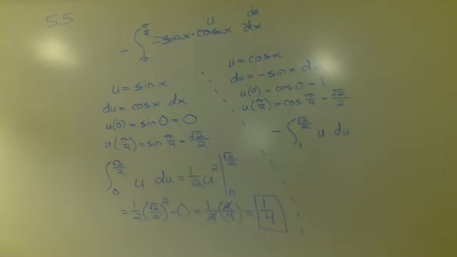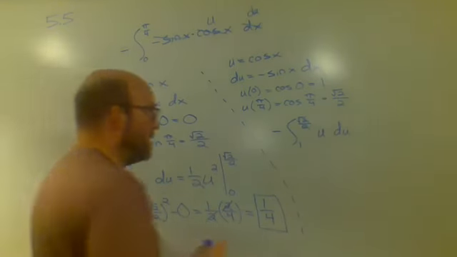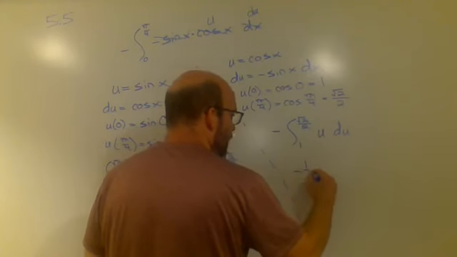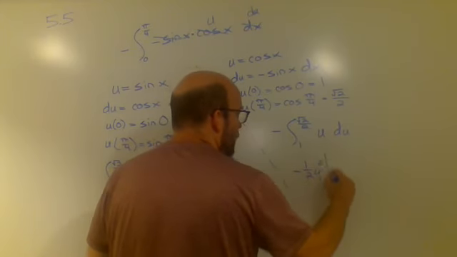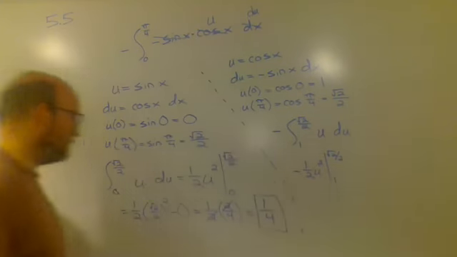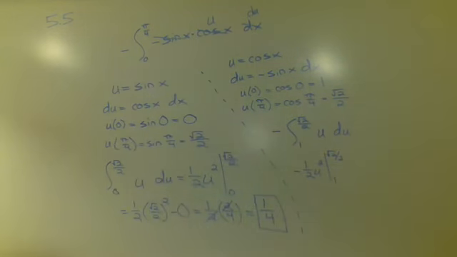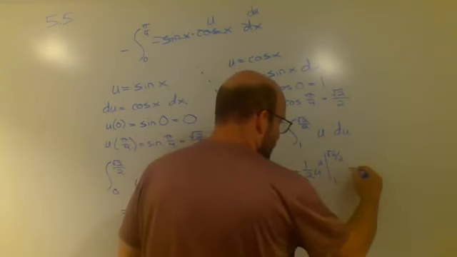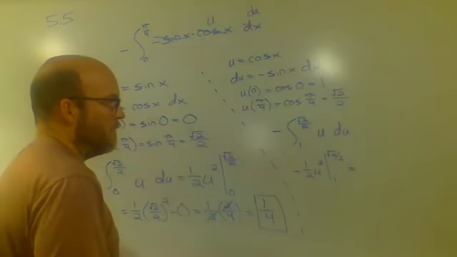And now just finish it out. It's going to be the same antiderivative, so we're still looking at negative 1/2 u squared that we're evaluating at square root of 2 over 2 and 1.